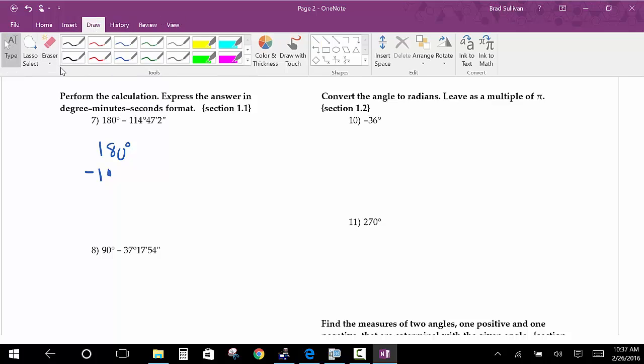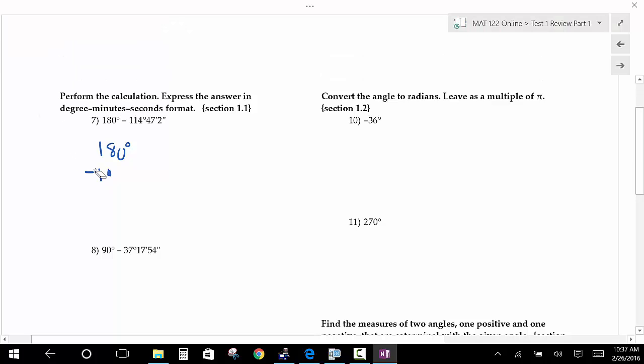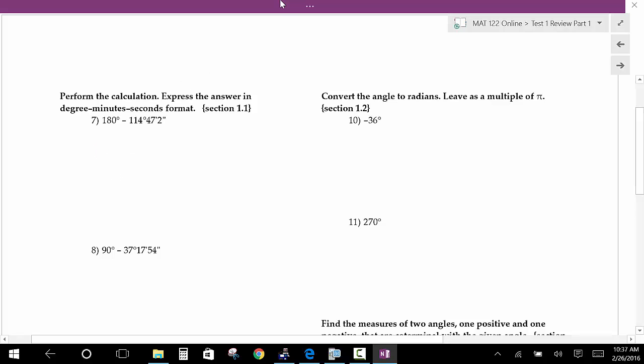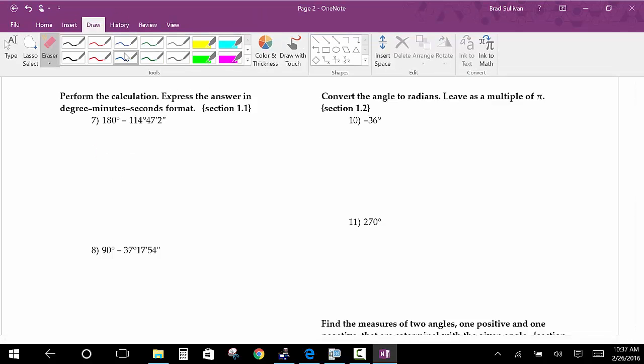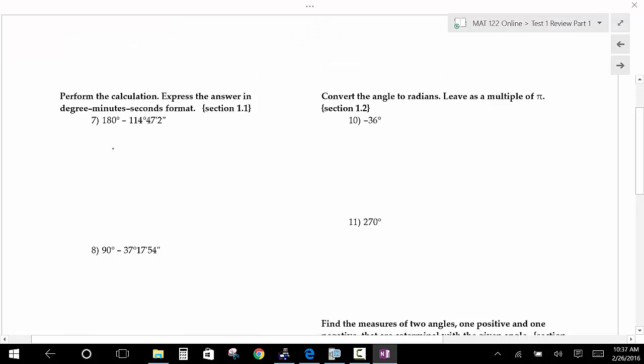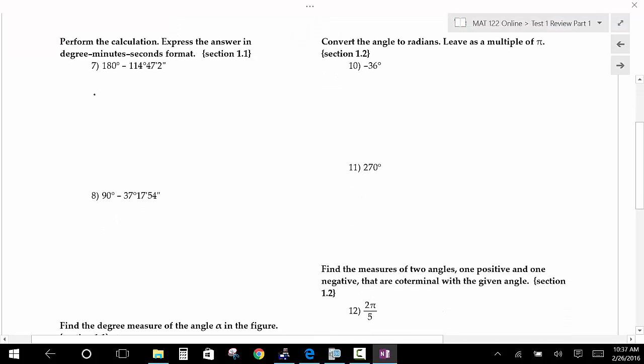I'm just not used to this yet. All right, so let me write this a little cleaner. Sorry, I'm being a perfectionist here. Okay, so let's write this out. So we have 180 degrees, and we're going to subtract 114 degrees, 47 minutes, 2 seconds.